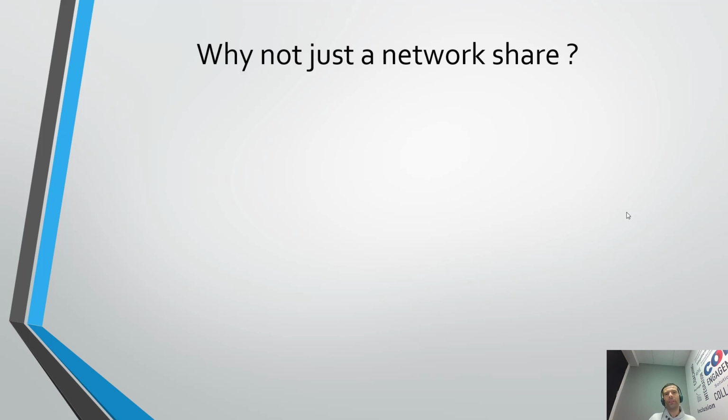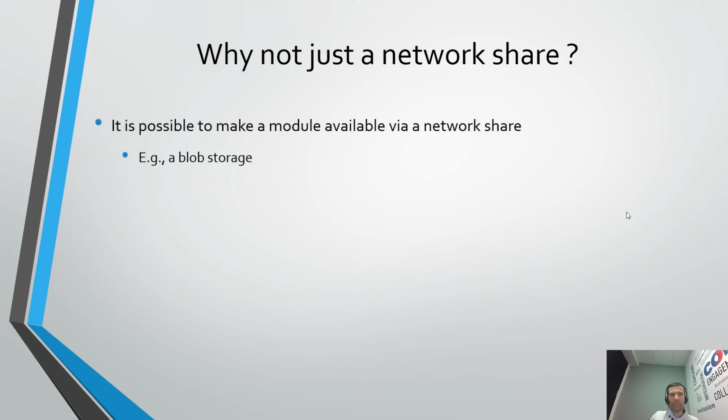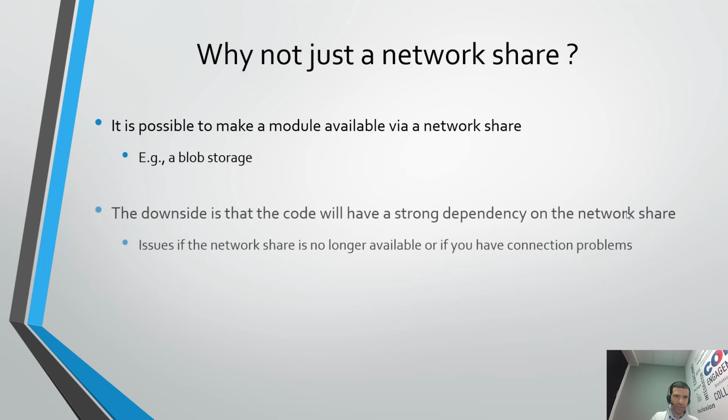One question that may arise is, why not just use a network file share? Well, it is possible to make a module available through a network file share, like a blob storage, for example. However, the downside of that solution is that the code will have a strong dependency on the network file share. What does it mean?